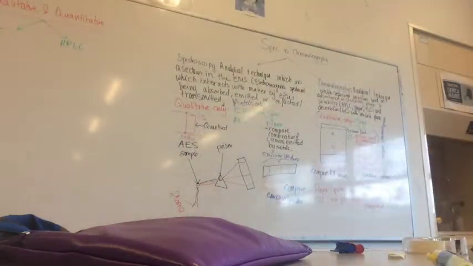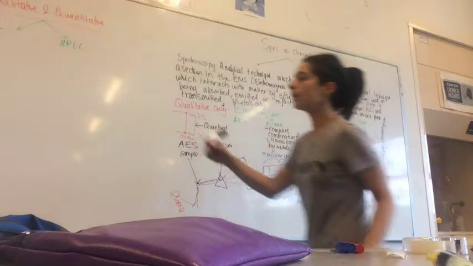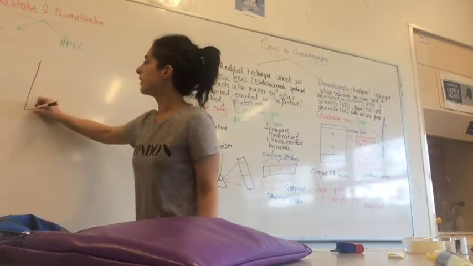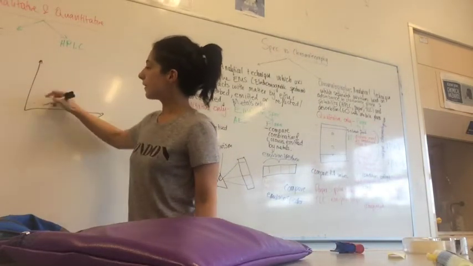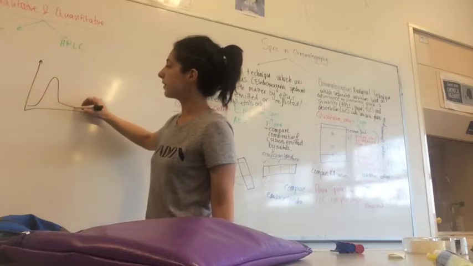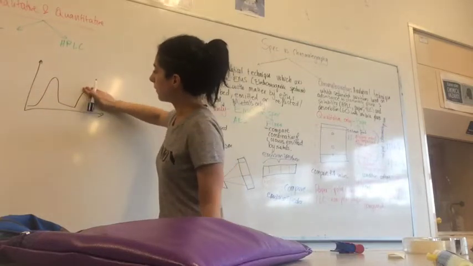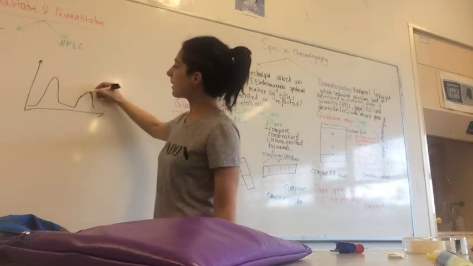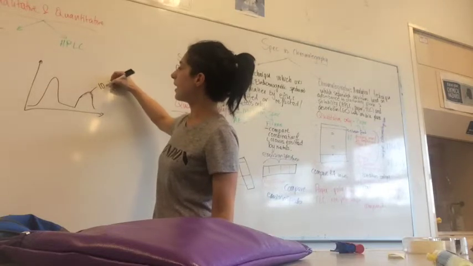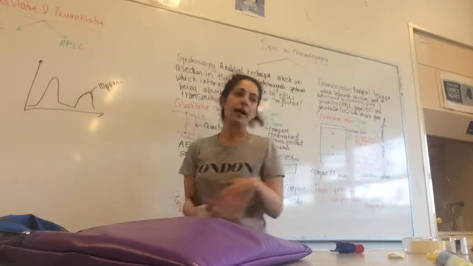Okay. So guys, can I just explain one more thing before we go to chromatography? I just really want you to understand this. Let's say that this is our blue pigment. Okay. Let's say that this is 10 ppm. That's our standard.